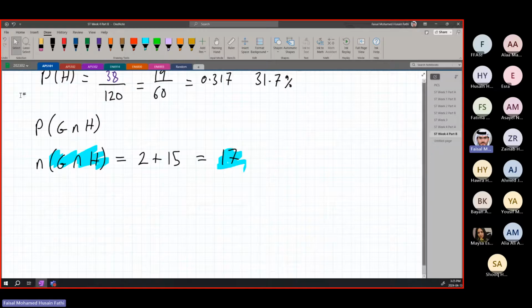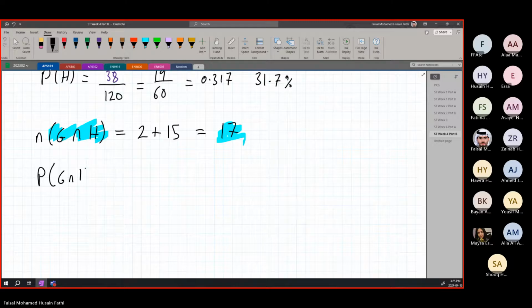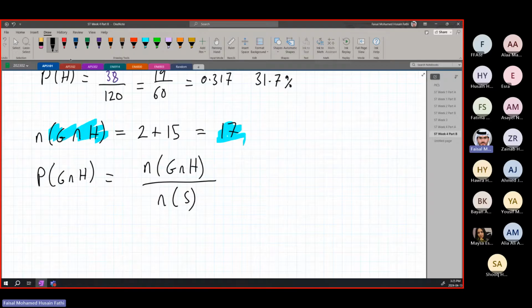So now, to find the probability of G and H, it is equal to the cardinality of G and H over the cardinality of the sample space.